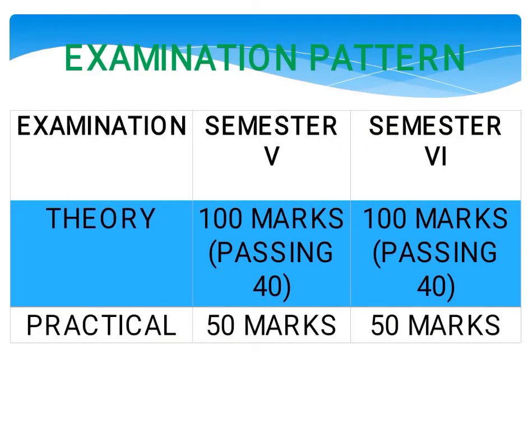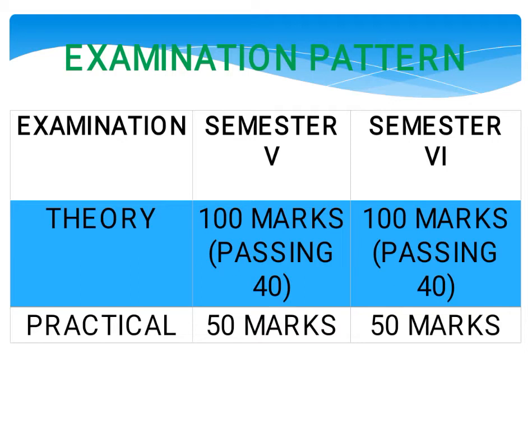First of all, we will discuss examination pattern. For your TYBSc, there will be semester 5 and semester 6. For semester 5, there are 4 papers: Botany 1, Botany 2, Botany 3, Botany 4, which are considered as major papers, and one applied component is there known as horticulture and gardening.